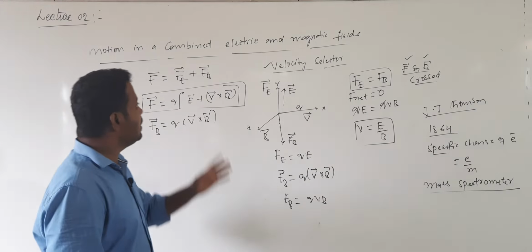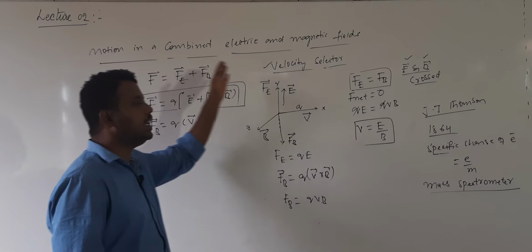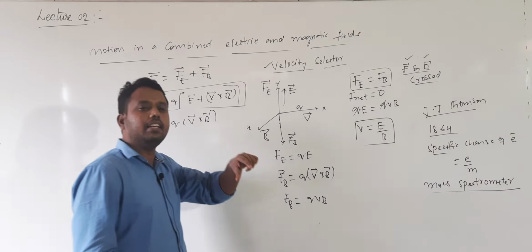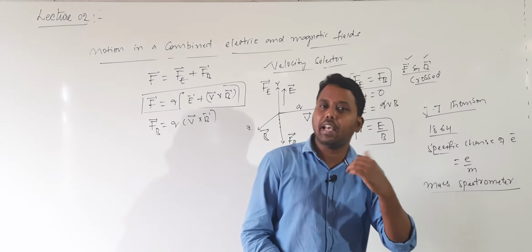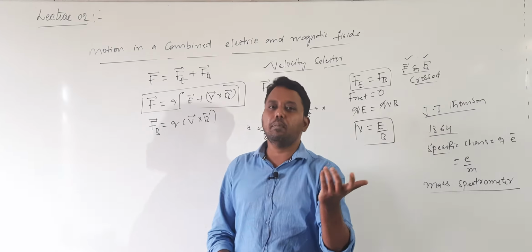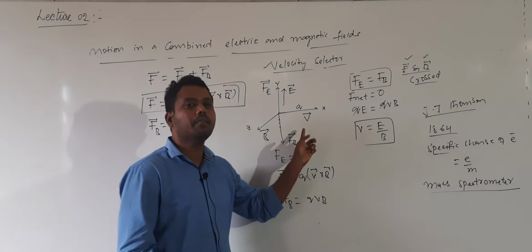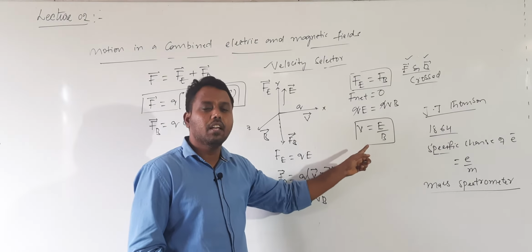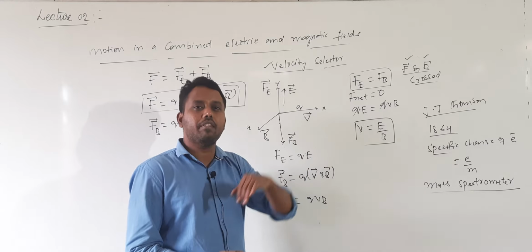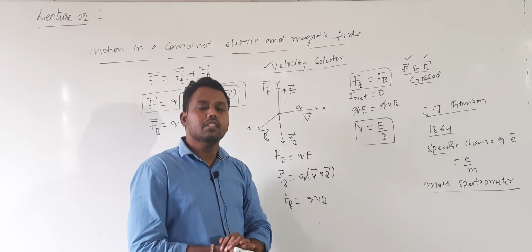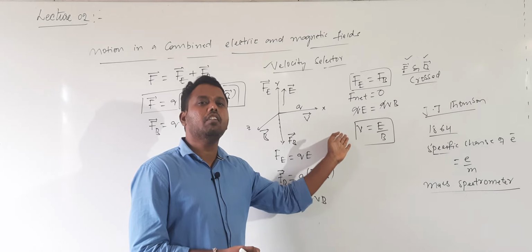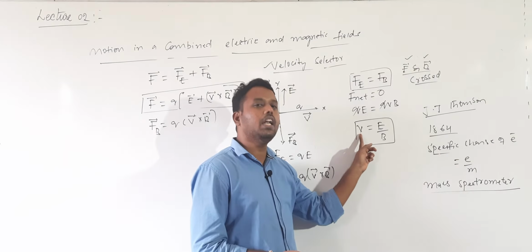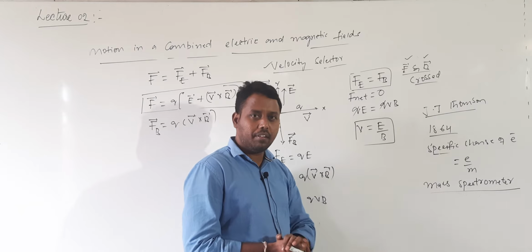This is related to yesterday's topic. They may ask a question on velocity selector for either 1 mark or 2 marks. Remember the expression V equal to E by B, we will come across it in electromagnetic waves also. When the electric field and magnetic field are crossed, the velocity is given by E by B.